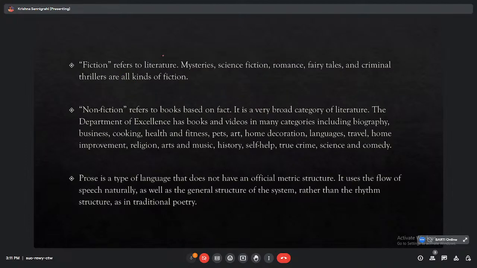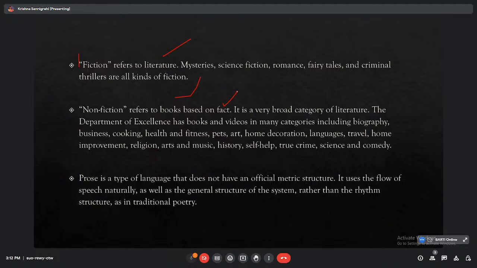And fiction refers to literature wherein mysteries, science fiction, romance, fairy tales, and criminal thrillers are all called fiction. When we say non-fiction, we are talking about something which is not fiction, which is very much evident from the name itself. Again, the idea of fact is a very broad category of literature, as we discussed in the previous lecture, where we specifically took up some Indian context references and how nonfiction has grown in the Indian context.